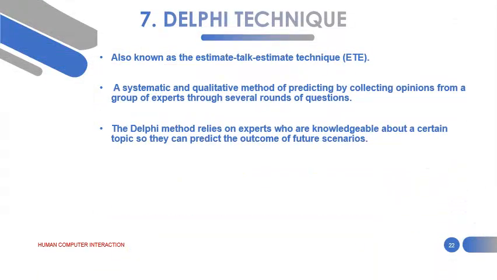We're also looking at the Delphi technique, which is also known as the estimate-talk-estimate technique. It is a systematic and qualitative method of predicting by collecting opinions from a group of experts through several rounds of questions. It relies on experts who are knowledgeable about certain topics so that they can predict the outcome of future scenarios.